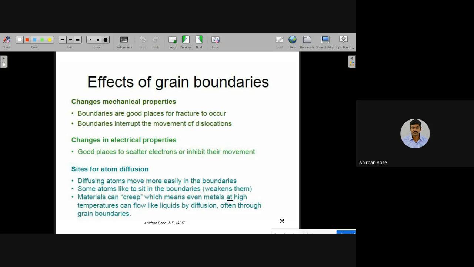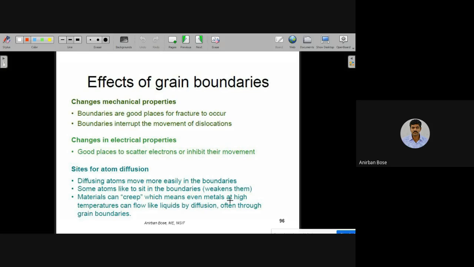Sometimes these degrade the material property, specifically at higher temperature and when a high amount of stress is applied, and this particular phenomenon is called creep. We'll see what creep is, and if more and more grain boundaries are present, the chances of creep will increase.